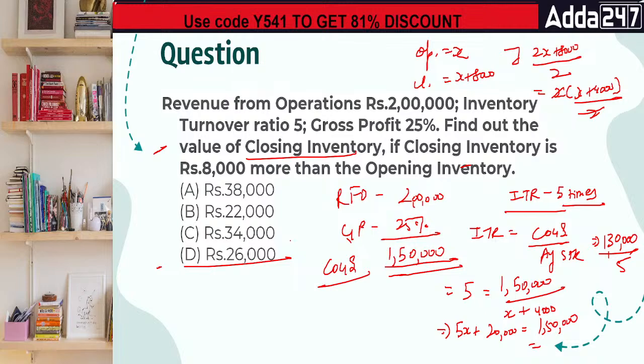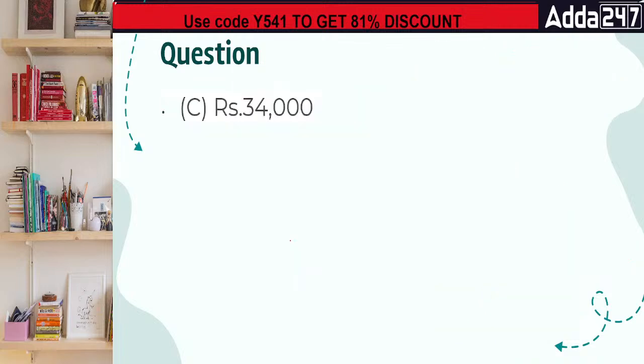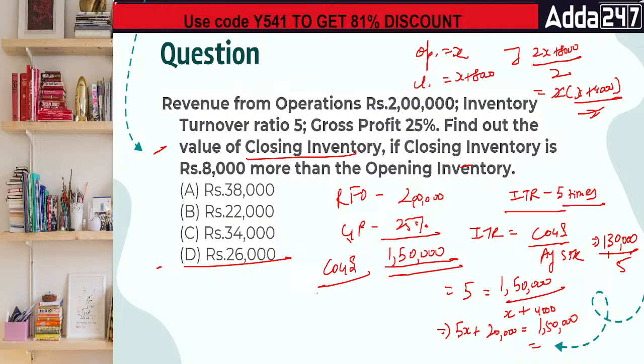Because in this case, we are talking about multiple concepts of accounting. Chaliye. So, acha, isme what were we supposed to find? We found the opening stock of 26,000 na. And there's one more trick. Our opening stock was X, which was 26k. Add 8k more, giving us 34 for closing.